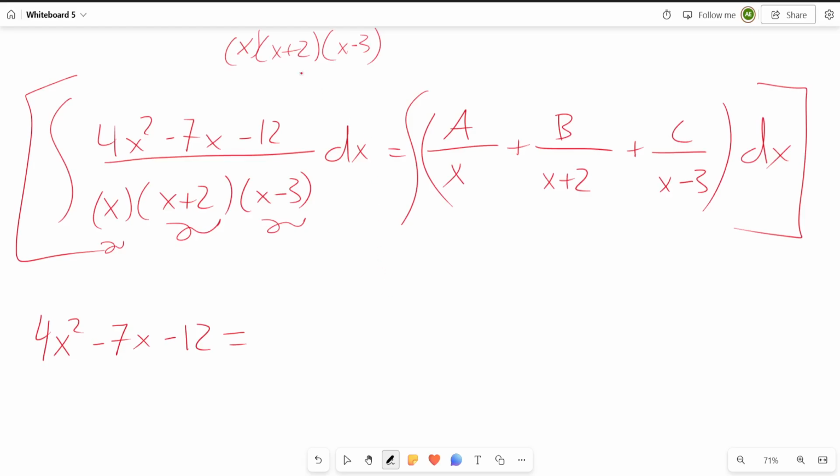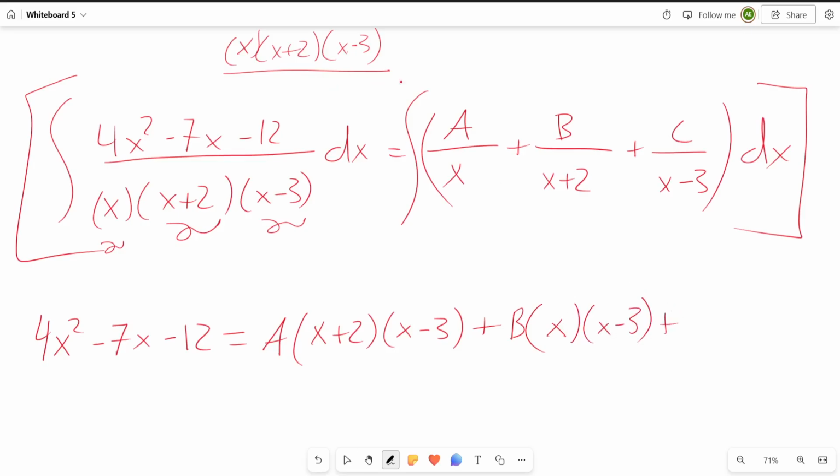This is going to equal, when I multiply this by this a over x term, the x and the x are going to cancel, and we're going to be left with a times x plus 2 times x minus 3, plus, again, when I multiply it with this second term, these are going to cancel, so we're going to be left with b times x minus 3, plus, again, now the x minus 3 term is going to cancel, so we're going to be left with c times x plus 2.